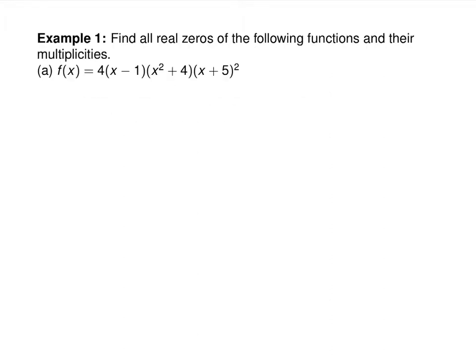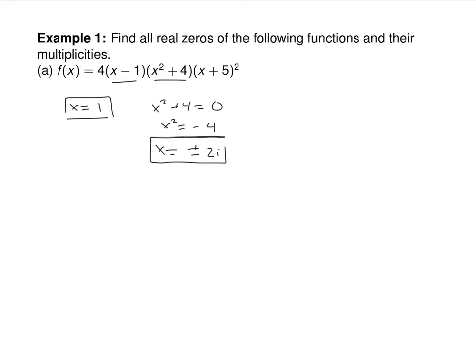Okay. All right, so find all real zeros of these functions and find their multiplicities. What is the zero of the first factor? x equals 1. Does that one occur more than once? No, so let's not even state its multiplicity because it's just 1. How about this one? x squared plus 4 equals 0 means x squared equals negative 4, so x equals plus or minus 2i.